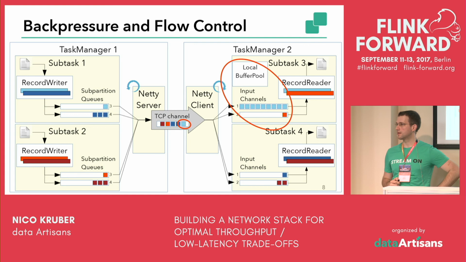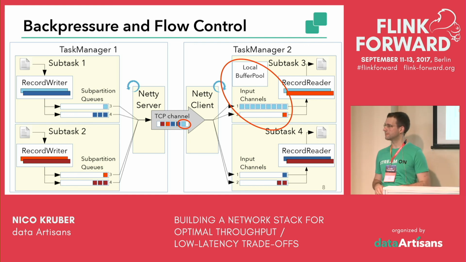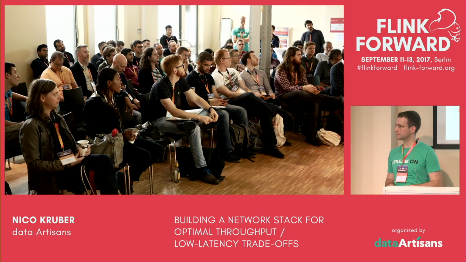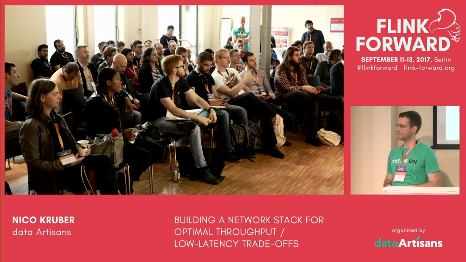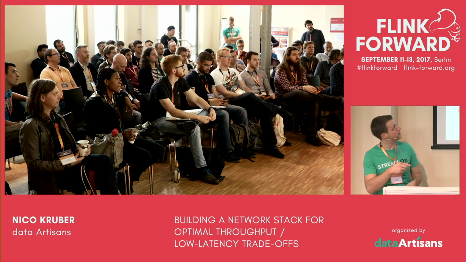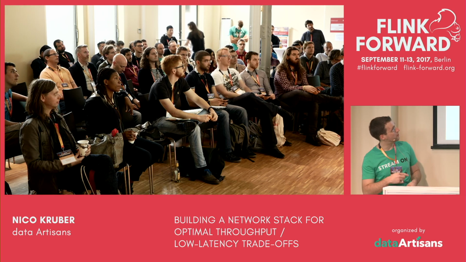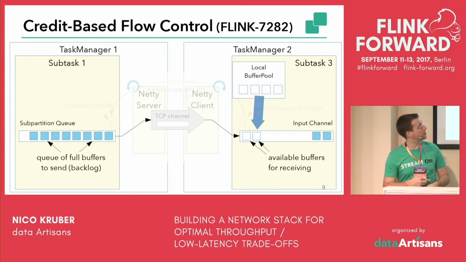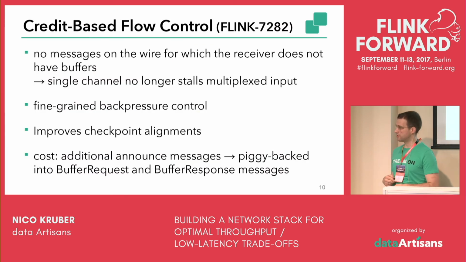Any other question? Okay, I have one question about the network buffer. Is it available for the user to decide the size of the network buffer, or is it already fixed? No, you can decide the size of this. This is a configuration parameter you can change in Flink.